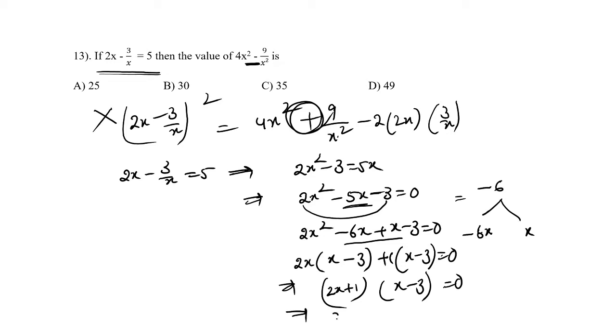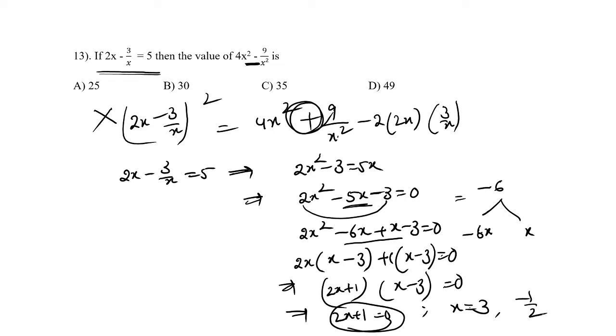From this, the first one is 2x plus 1 is equal to 0 and the other one is x is equal to 3. One value of x is 3 and the other one, from this, is minus 1 by 2.